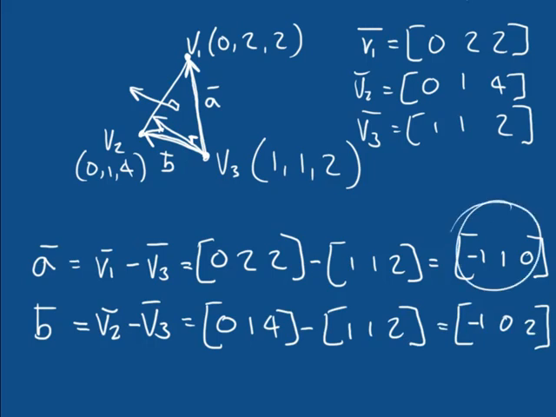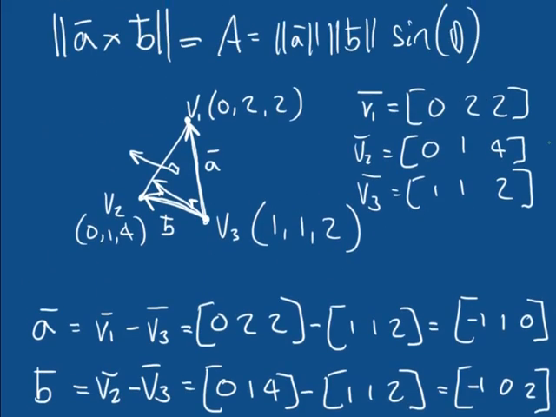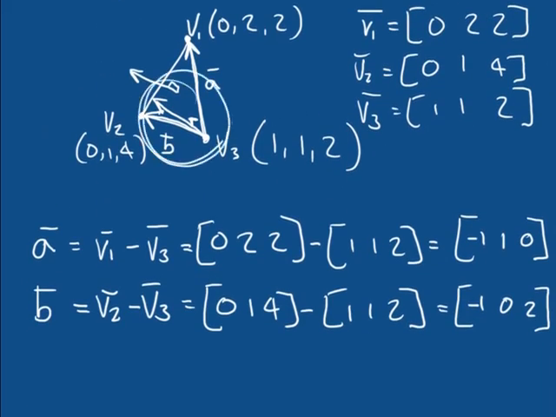So our vector A is equal to minus 1, 1, 0, and our vector B is equal to minus 1, 0, 2. And what I'm interested in doing is finding the cross product of these two vectors to find that normal vector of our triangle.